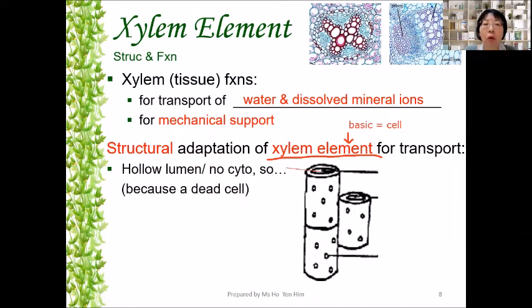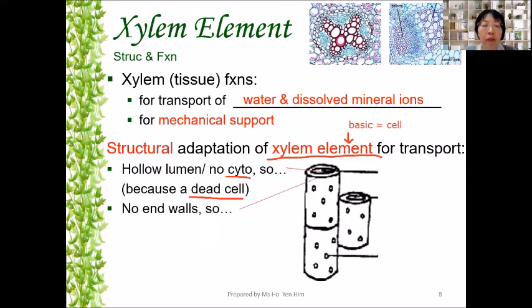It's only made up of cell wall and nothing else. All the living parts of the cell are not there. So that's why it is a dead cell. Because it's a dead cell, there is no cytoplasm, no nucleus, no nothing. Only the cell wall is left. So why? To reduce resistance to the flow of material.